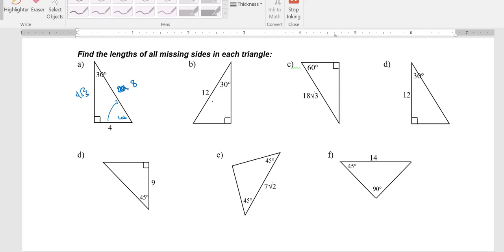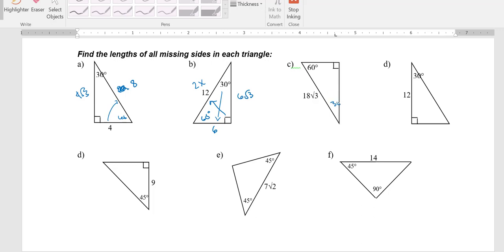This one is giving you that the hypotenuse is 12, so this is the 2x side. You always want to try to find the x first if you can. The side opposite the 30 is the x. It's just going to be half of the 12, so it's going to be 6. And that means that this will be 6 times the square root of 3, because that's the side opposite of the 60 degree angle.